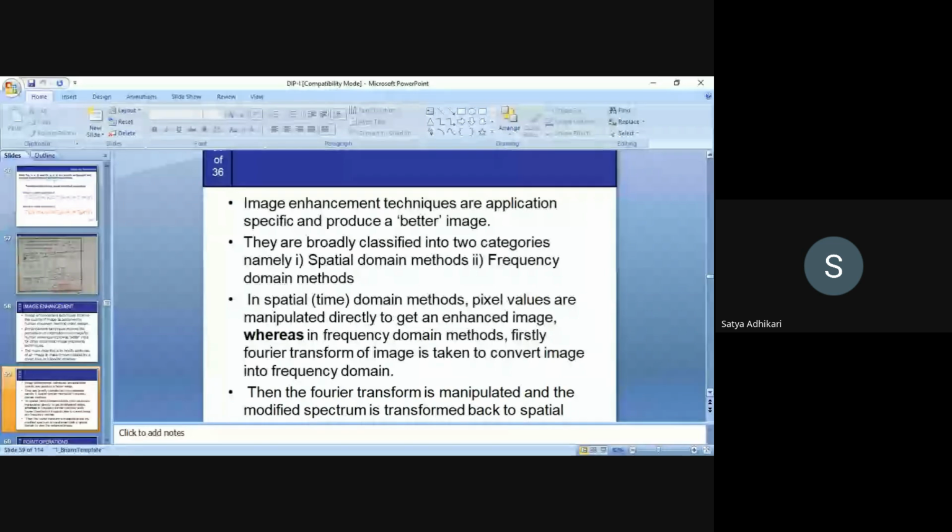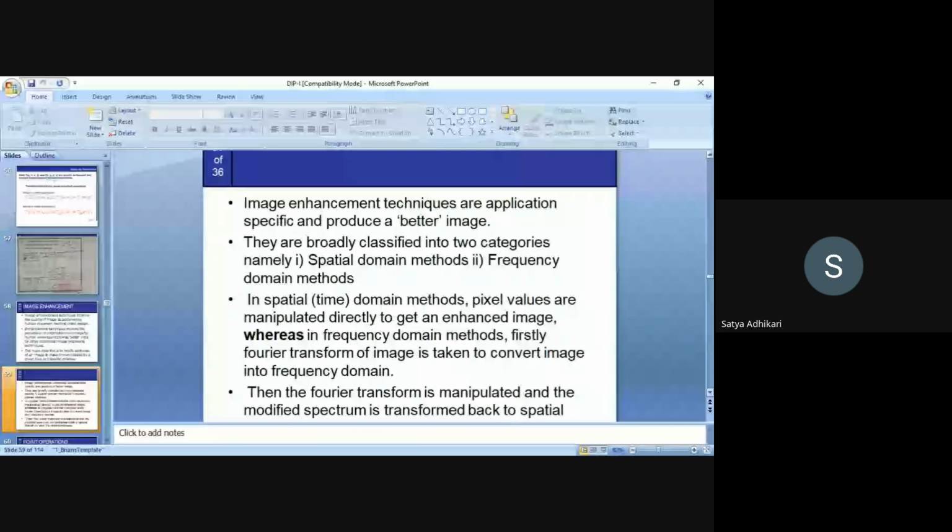In the spatial domain method, pixel values are manipulated directly to get the enhanced image. Whereas in the frequency domain method, firstly some transformation is required, and after that the enhancement technique is used. In the spatial method the pixel values are directly modified; we will discuss some examples.